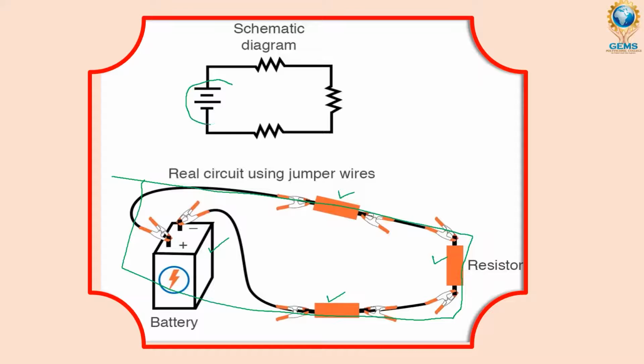This is the symbol for a battery. If we represent it like this, it means we are using 2 batteries. Here you can write like this, it means we have connected one battery. Through this battery we have connected 3 resistors in series connection. So this is how we represent the circuit. This is the resistor.